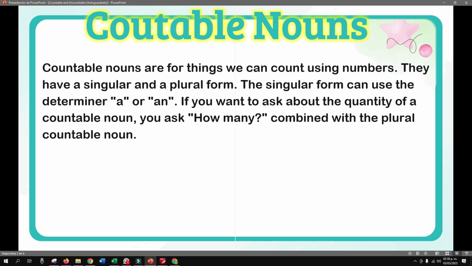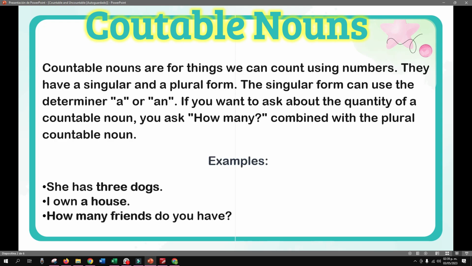A or an. Y igual, si ustedes van a hacer una pregunta sobre countable nouns, you can say, how many? Esa sería la pregunta que ustedes utilizarían. De hecho, luego vamos a revisar las estructuras de estas preguntas para cuando ustedes lo utilicen con countable nouns.